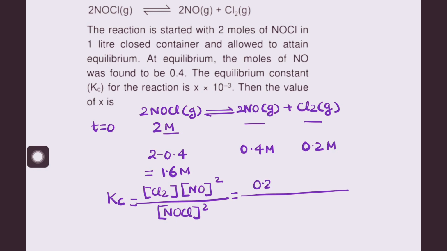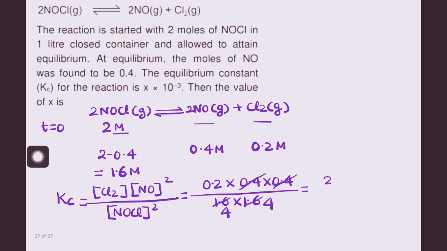You see the value here. Cl2 is 0.2, NO is 0.4, a square means 0.4 into 0.4, and here NOCl square means 1.6 into 1.6. So here it will be 4 times, here it will be 4 times. If you just solve it, 2 divided by 160.